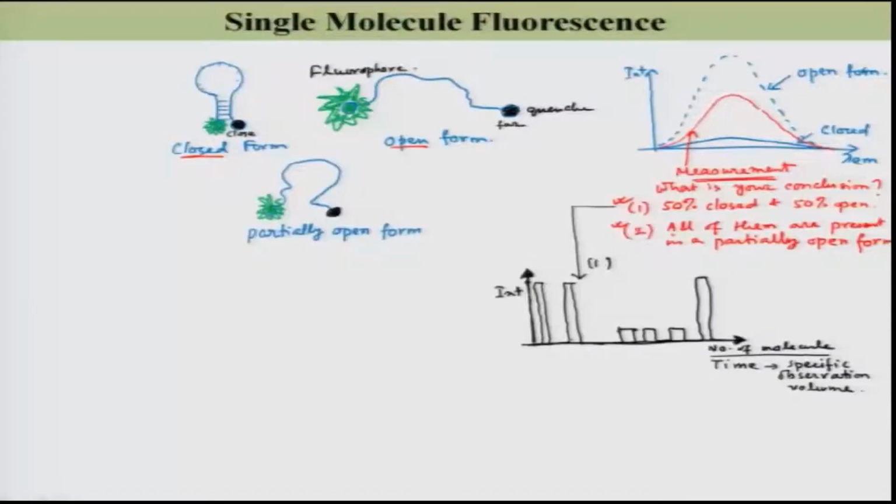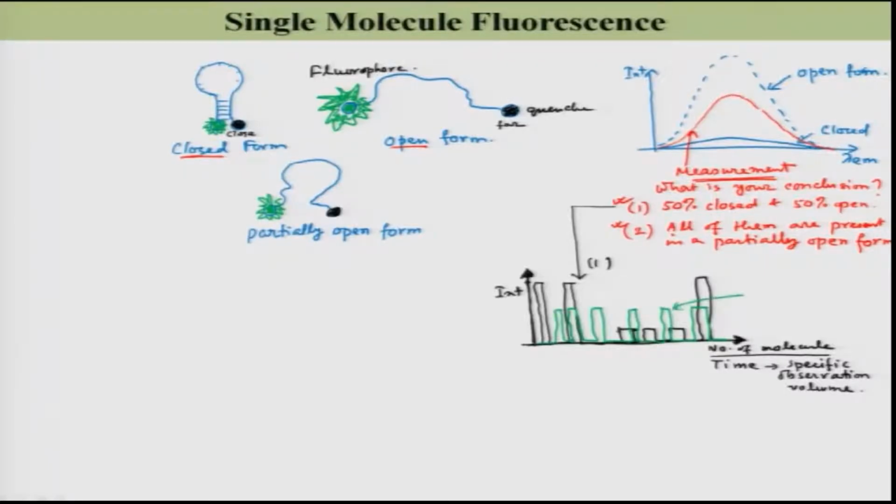It is not necessarily that at the same time you will see the fluorescence burst coming out of the observation volume, but whenever you see one, it will be of moderate intensity like this, whenever it comes, clear, like this. So, you see the basic difference.